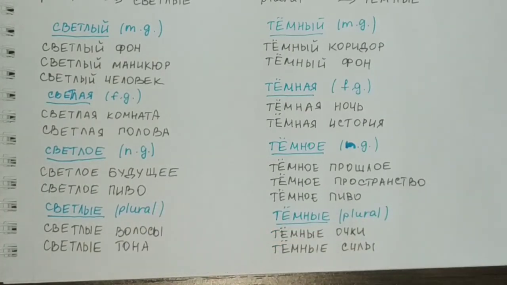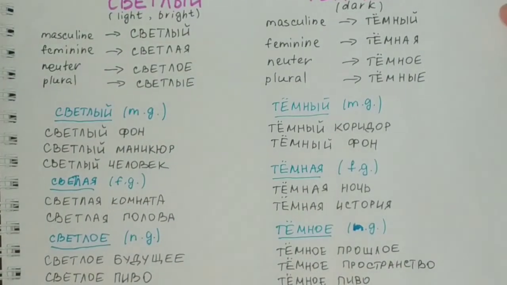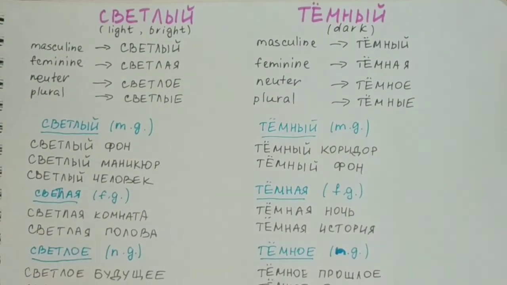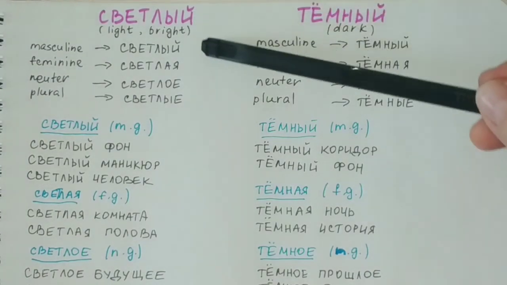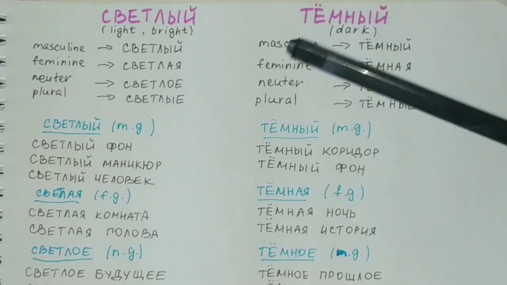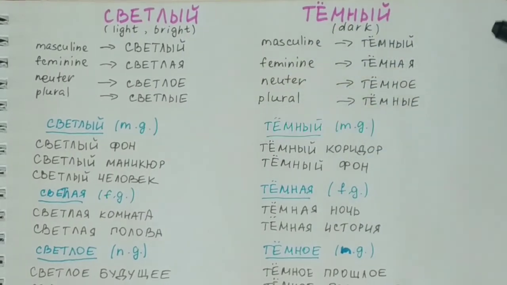So that is the examples, and of course what you have to do right now is to learn these two adjectives, their meaning, and practice writing down all of their versions, and that will be a great step up in broadening your Russian vocabulary.